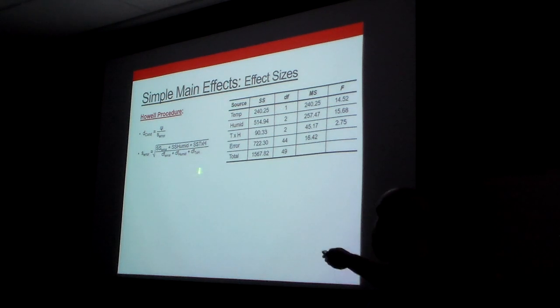For my standardizer term, I'm going to take the sum of squares error, because that's everything that's left over, plus the sum of squares humidity, because my contrast doesn't involve humidity, plus the sum of squares associated with my interaction, because my contrast doesn't involve the interaction. Then I divide that by the degrees of freedom error, degrees of freedom humidity, and the degrees of freedom for that interaction.